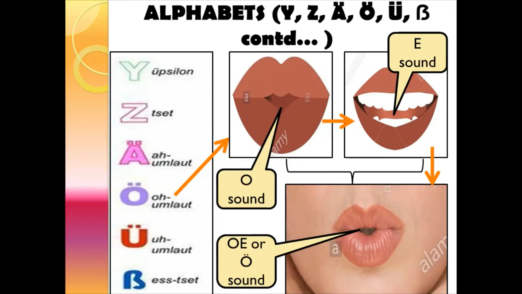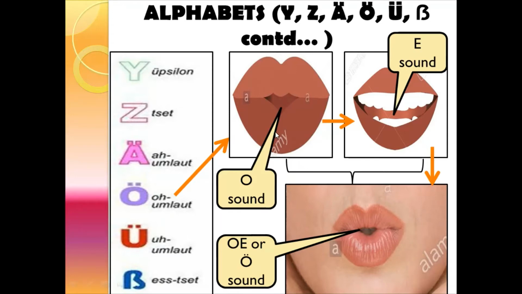to make the O umlaut sound, you need to first imagine making your facial muscles tense in such a way that your mouth becomes kind of rounded, and then you let out some air whilst making the O alphabet sound.